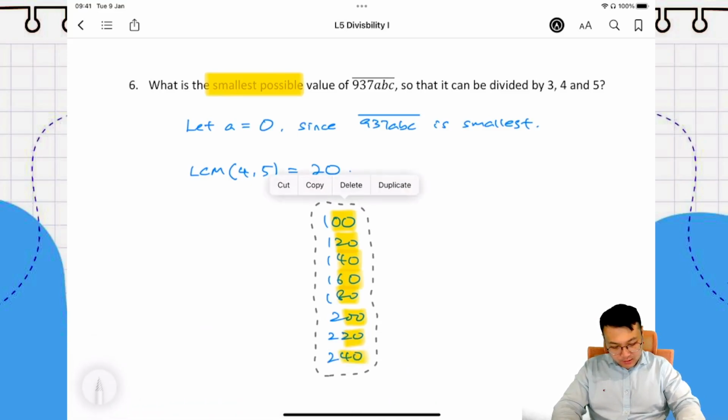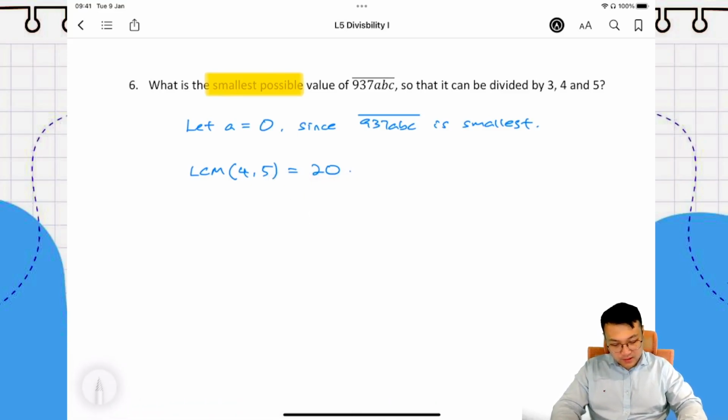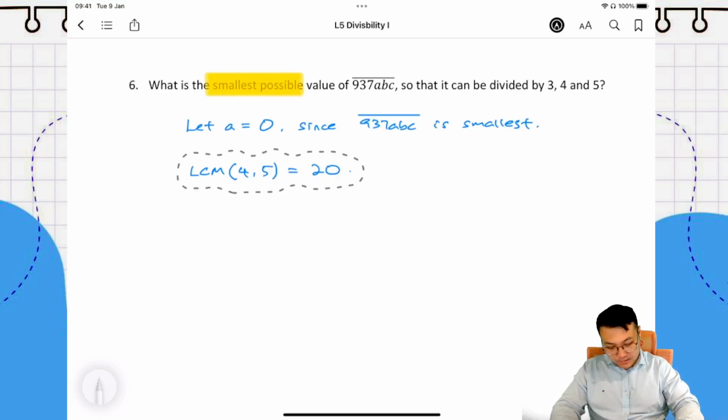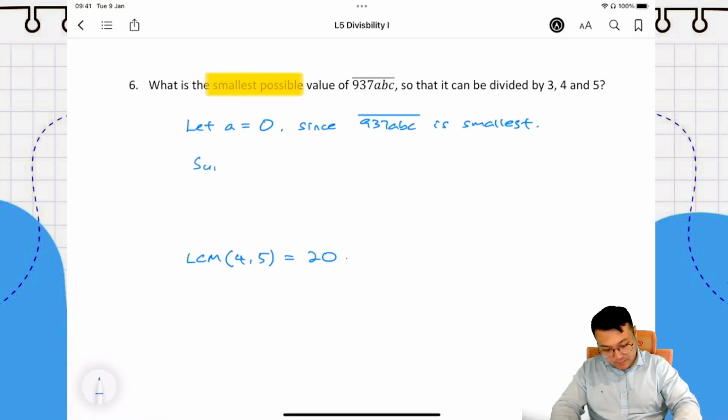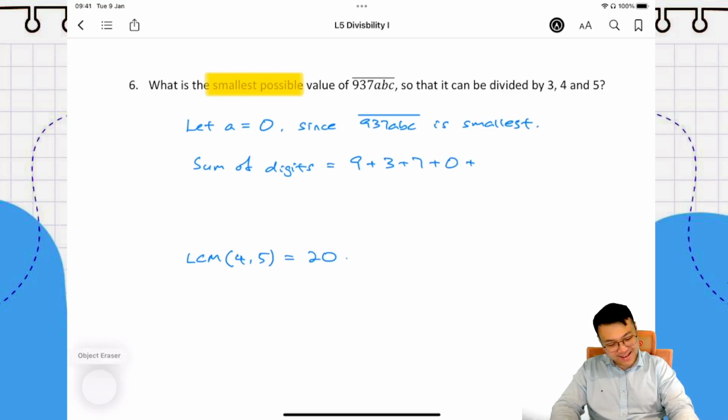Very good. Okay, so why don't we just find the sum of digits? I think before we do the 20, let's just find the sum of digits. What is the sum of digits? You tell me the working. 9 plus 3 plus 7 plus 0 plus 2 plus 0.